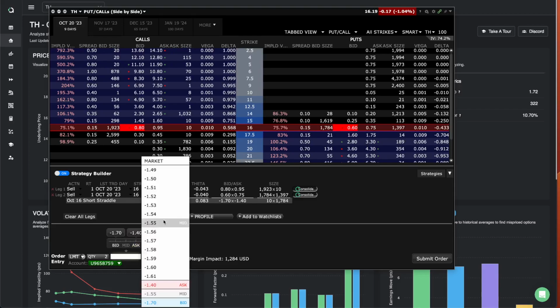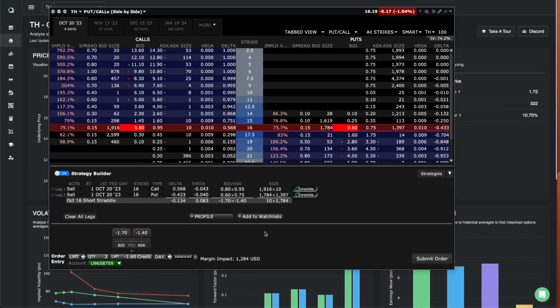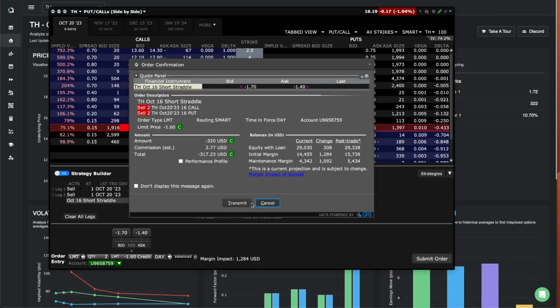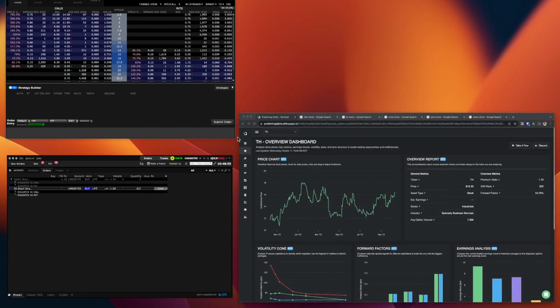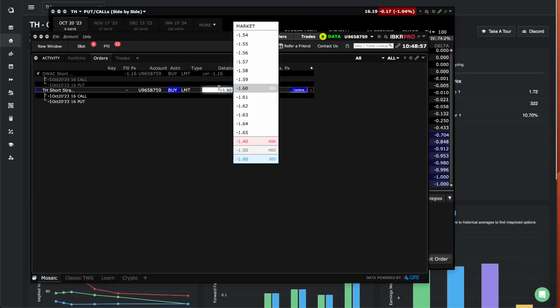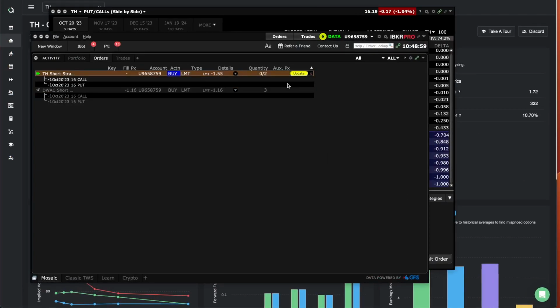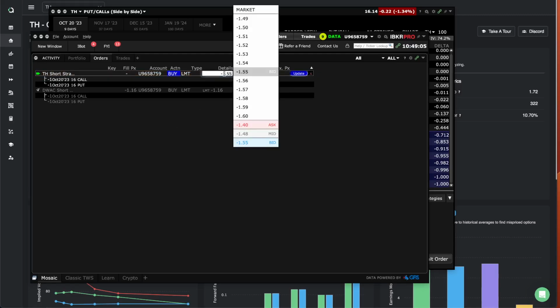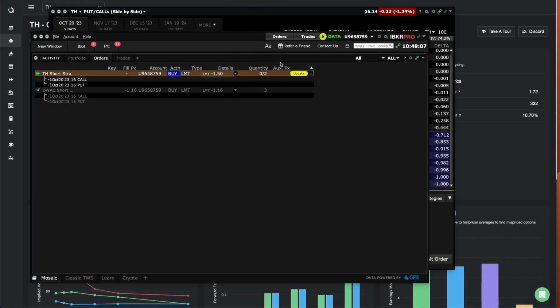Let's come in here and start at $1.60 and see if we can get a fill here. And let's work this down to $1.55. No such luck. Now, by the way, with trades like this, TH is one that we've traded a few times now.